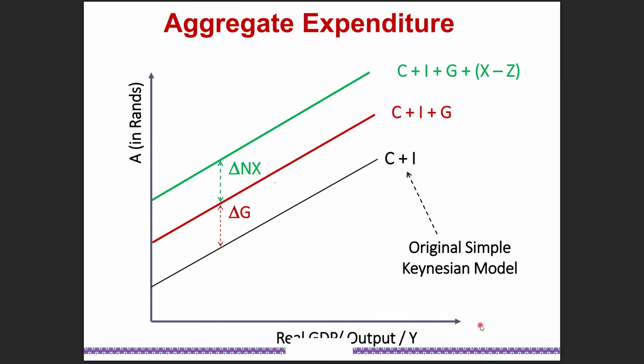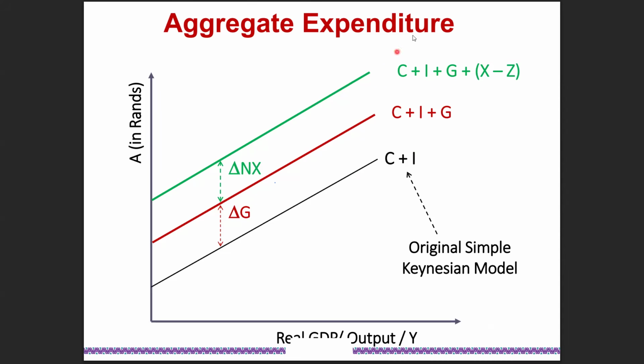Right. So for aggregate expenditure, you can also see that if we're adding more components, the aggregate expenditure curve increases. This was just for the two-sector model, or the simple Keynesian model, where we had C plus I. Then we added the government, and you can see the curve increased from here to here. We also added another source of spending, which is the foreign sector, and the curve also increased from here to here.